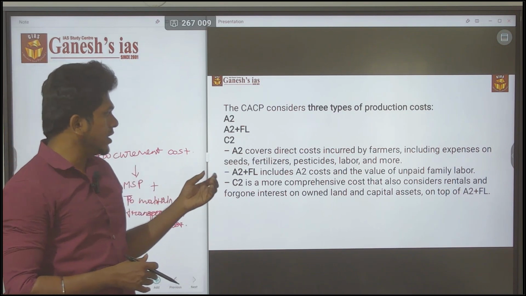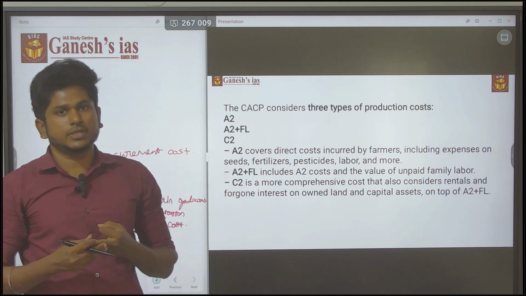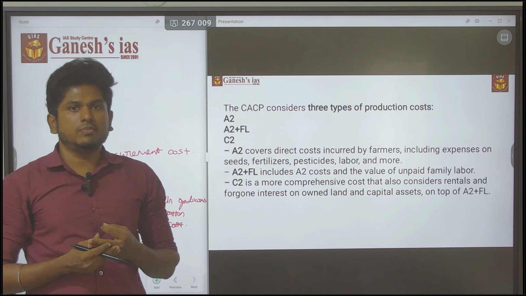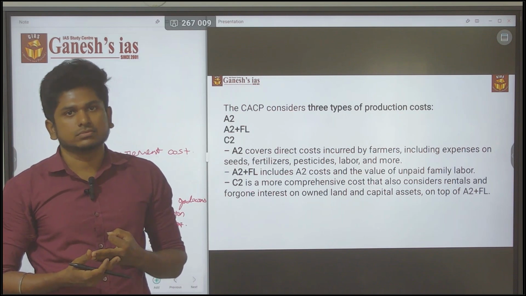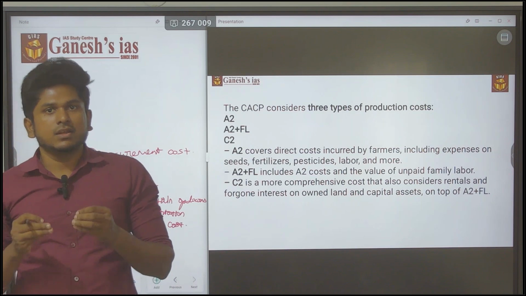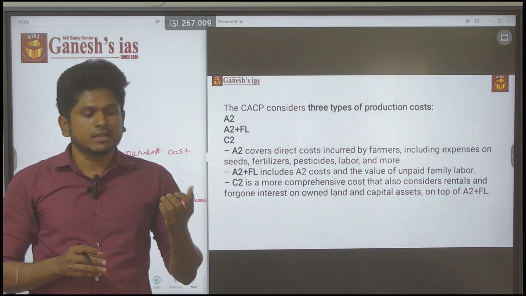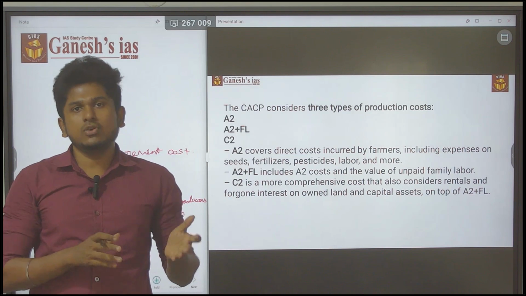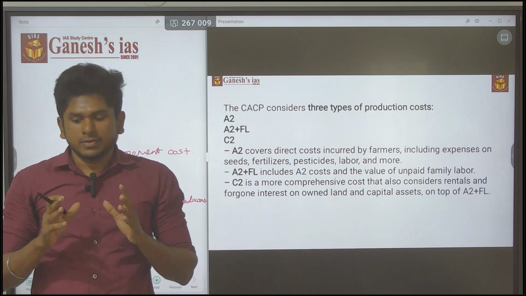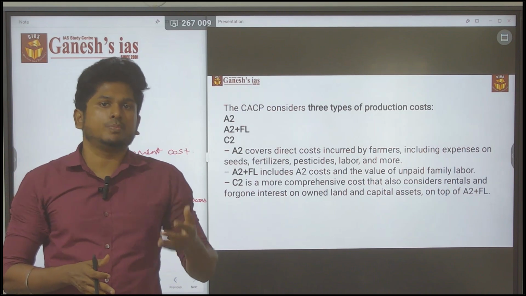A2 means the expenses on seeds, fertilizer, pesticides, all these things. FL means the unpaid family laborer. If that person went to work in another field, they would get some income, but they are losing it and working in their own field. For that also the government has to pay.